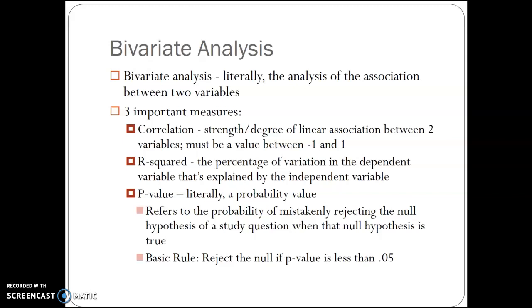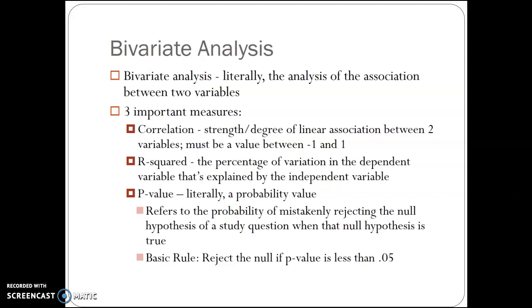A p-value is the probability of mistakenly drawing a conclusion where you shouldn't have. More specifically, it refers to the probability of mistakenly rejecting a null hypothesis when that null hypothesis should not have been rejected, that is, when the null hypothesis was true.